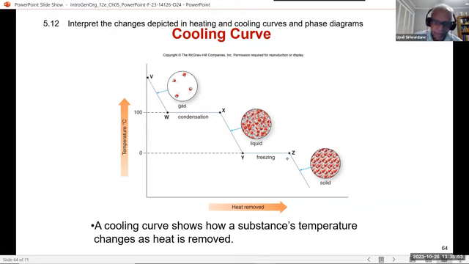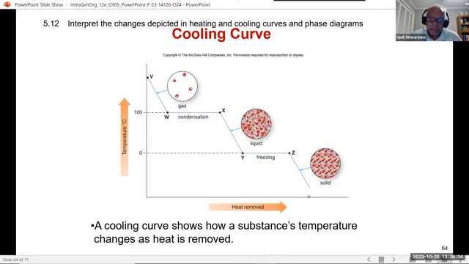Temperature, how the temperature changes. You start with the highest point, where the steam is at point V, and it comes down to W, and then stays the same between W and X, then drops down. The points where the line is not horizontal are heating or cooling of a particular phase.